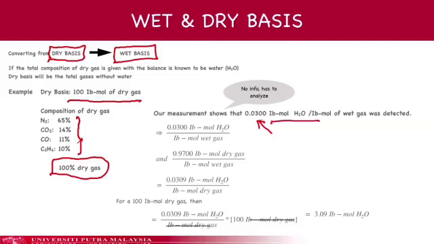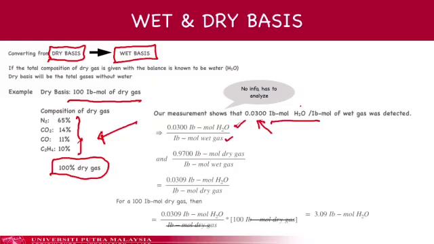It means that what we presented here are only a dry basis, but if we want wet basis information, then we have to take into account the water that had been detected by our gas analyzer. So how do we go about converting from the dry basis to the wet basis? So we have our information just now, which is 0.0300 pound mole of water per pound mole of wet gas, right?